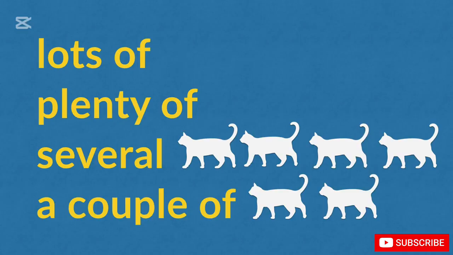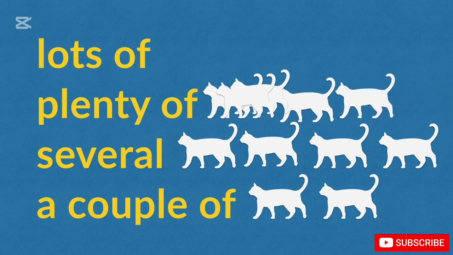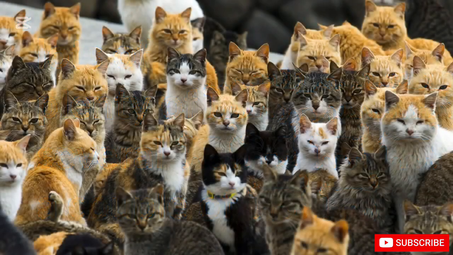So it doesn't have any precise meaning. Several cats, maybe 4, 5, 6. Plenty of. If you have plenty of something, you have a lot of it, but in the sense that you have more than you need. And this is lots of. So lots of cats.